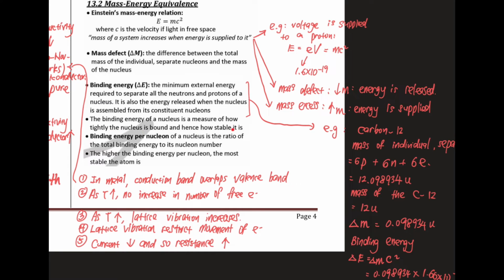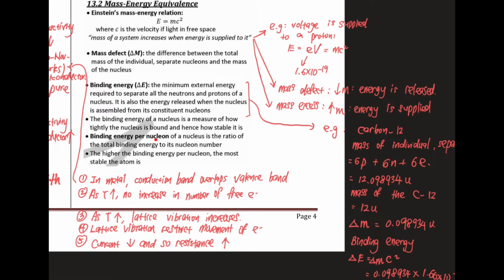So of course there's a relation between stability and binding energy. If the binding energy is big, then it means it is stable. Okay, let's go through this point first.